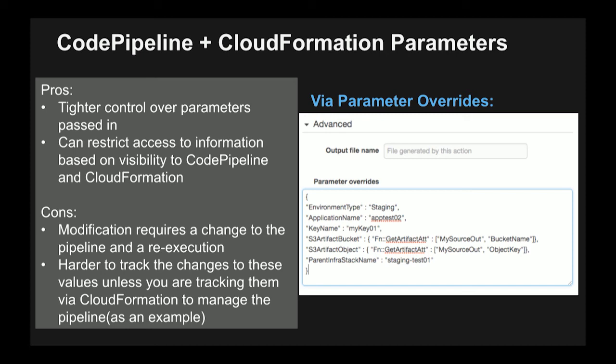However, I still feel that Parameter Store is probably the better way to do this for truly secure, confidential information. And then one con to this, though, is that it requires you changing the pipeline, which you can't do mid-execution. So you would have to wait for your execution to stop, and then edit it, and then cause another execution to happen. So two different models inside of CodePipeline to pass in environment-specific variables.